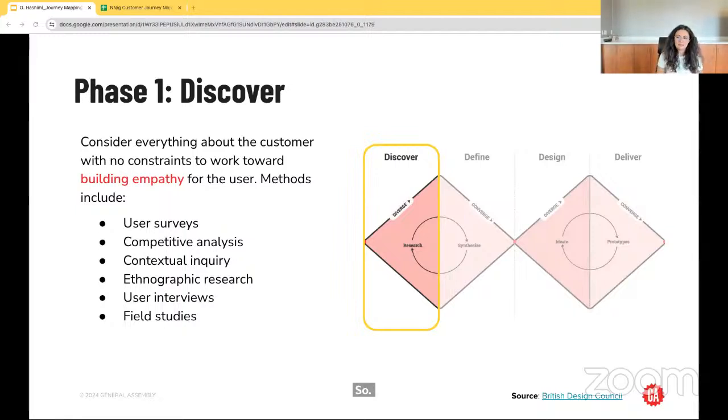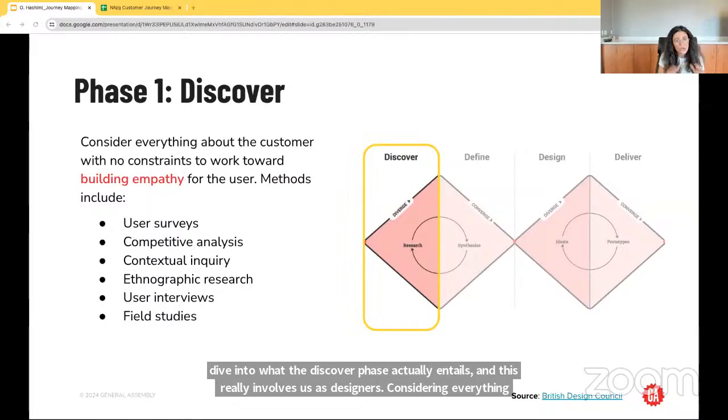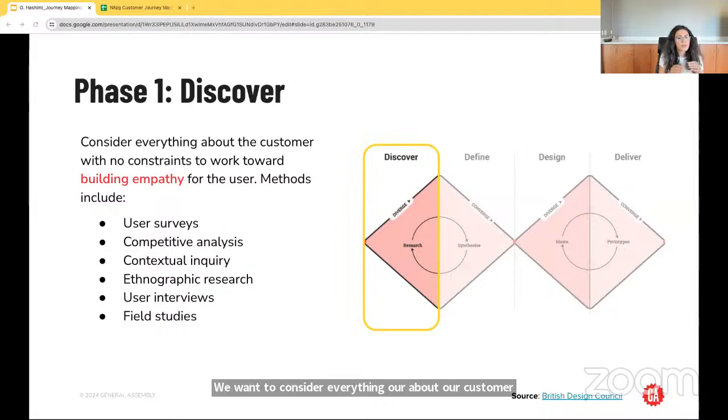But first, let's dive into what the discover phase actually entails. And this really involves us as designers considering everything about our customer. We want to consider everything about our customer with no constraints to work towards, because we're really trying to build empathy here.